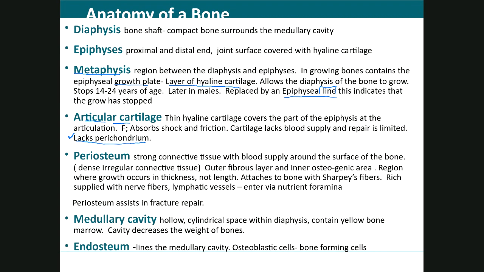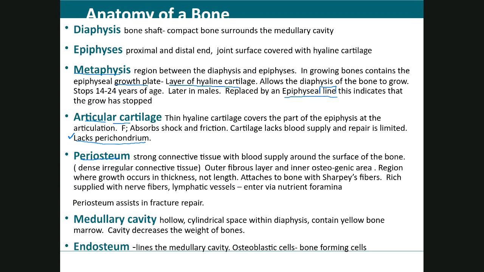The periosteum is a strong double layer of connective tissue that's a protective tissue around the bone tissue itself. It has an outer fibrous layer made up of dense irregular connective tissue, and it assists in how tendons connect to the bone. Then there's an inner osteogenic layer, which has osteoblasts and osteoclasts.